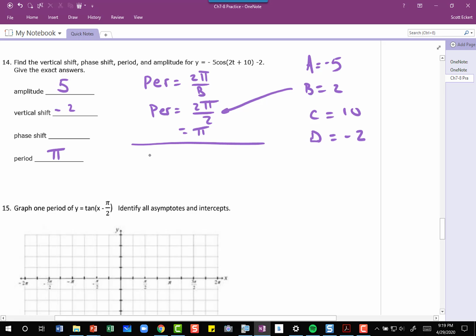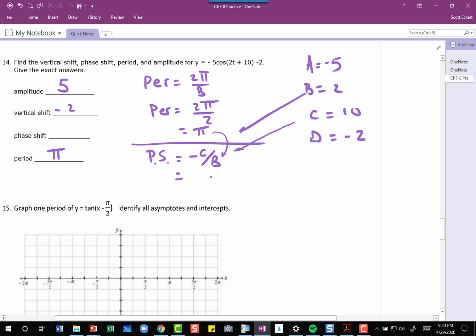Lastly, phase shift. Phase shift or horizontal shift is -c over b. And so let's see. B we just calculated. We can plug that in. And C, we can plug that in too. Oh no, we didn't calculate B. We have B and C. We can plug in both of these numbers here.